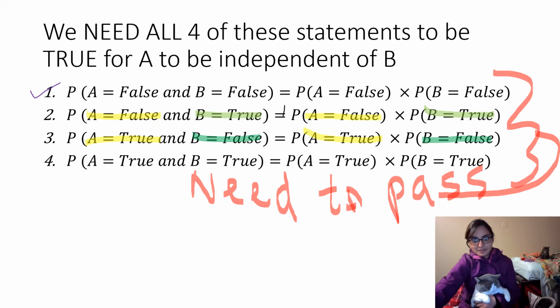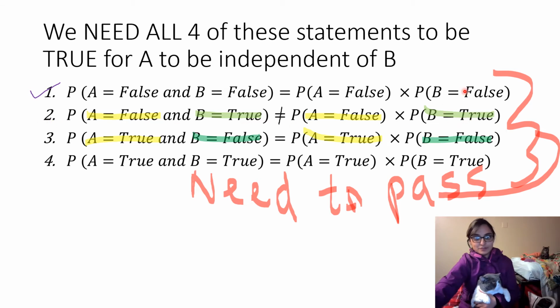Let's say that this statement was not true. Then you just have to stop right here. You don't need to do the third and the fourth. You can just say A and B are not independent.